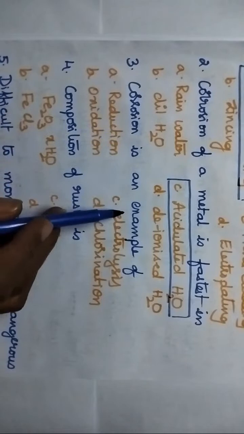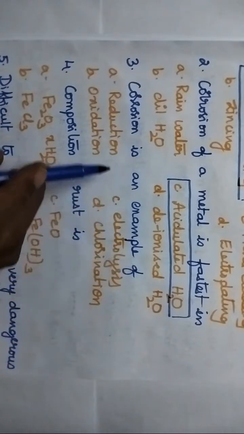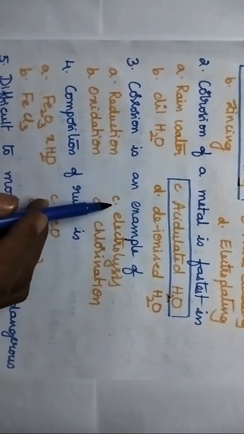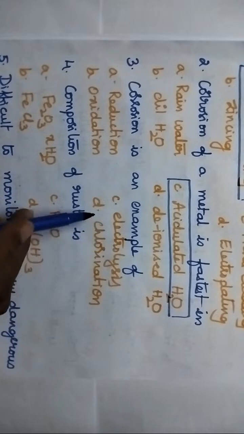Corrosion can be considered as the best example of: option A, reduction; option B, oxidation; option C, electrolysis; and option D, chlorination. Before answering, think twice. Mahendra, very good.